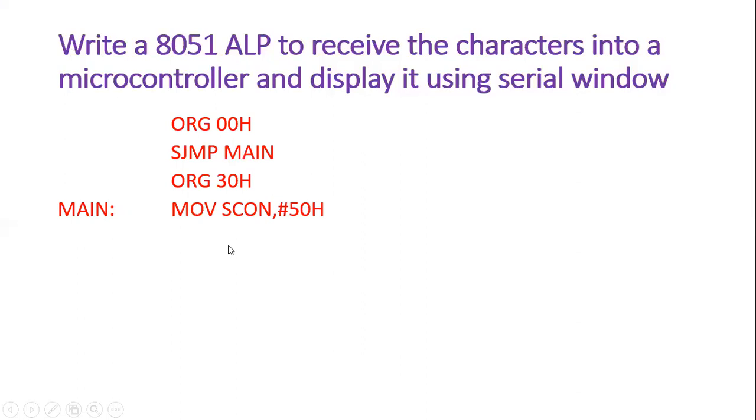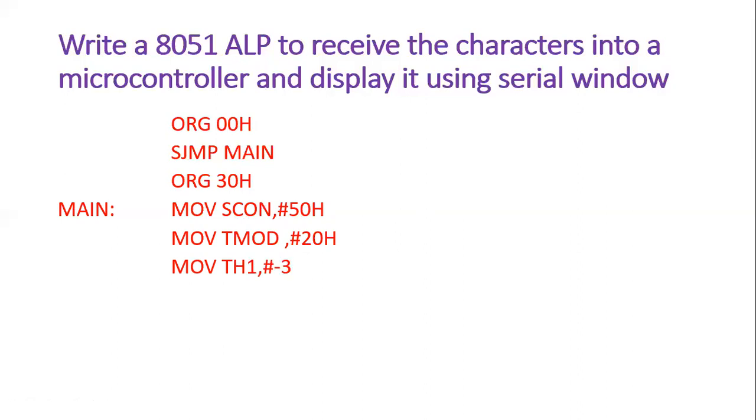Here we load SCON with the value 50H for mode 1 in serial communication, and also to enable the serial reception. Then we load the TMOD register with the value 20H to configure timer 1 in mode 2 operation.